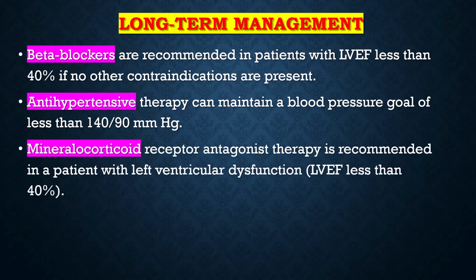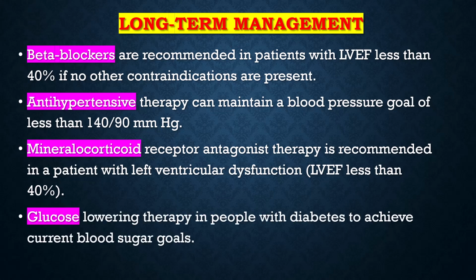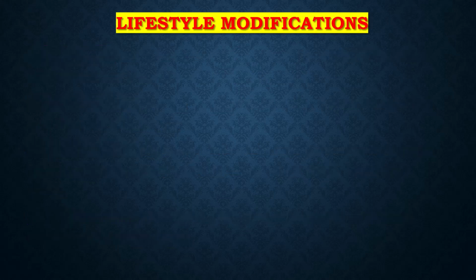Mineralocorticoid receptor antagonist therapy is recommended in patients with left ventricular dysfunction, left ventricular ejection fraction less than 40%. Glucose lowering therapy in people with diabetes to achieve current blood sugar goals.